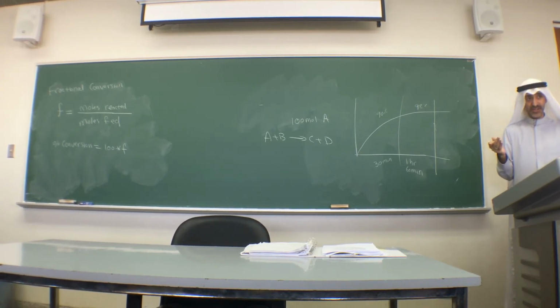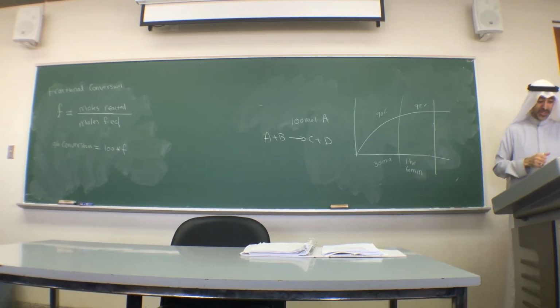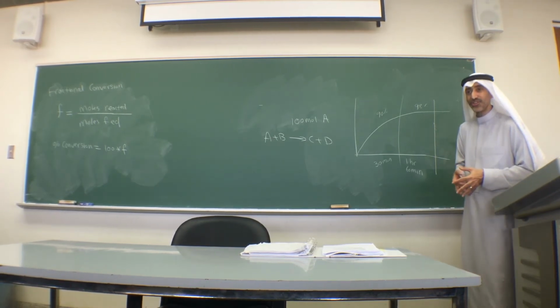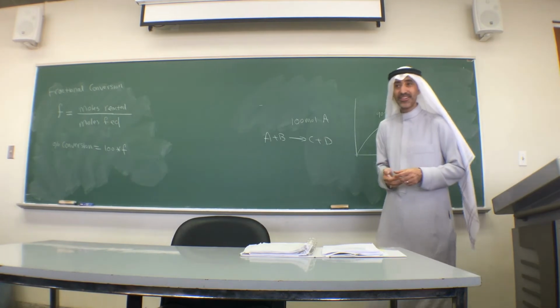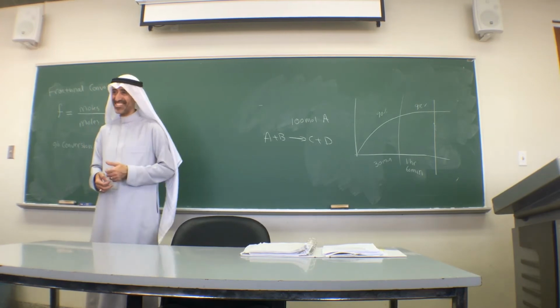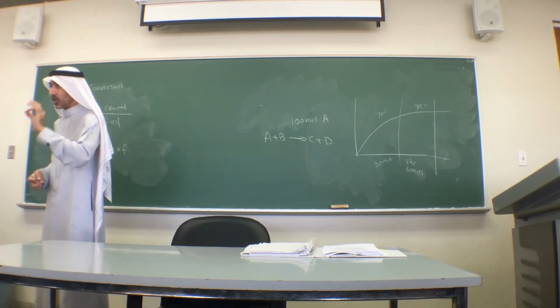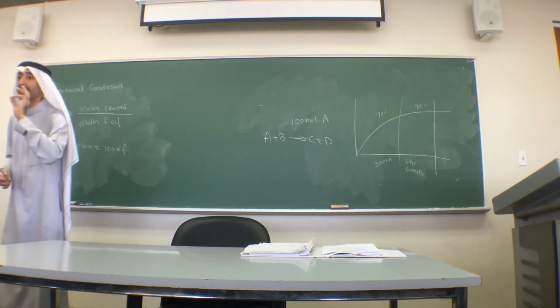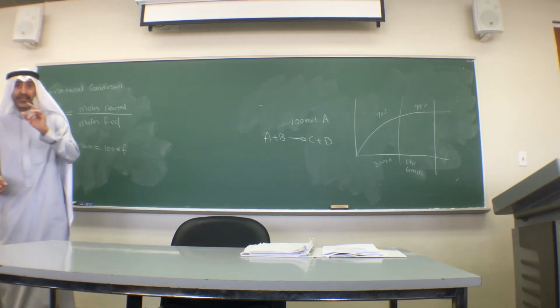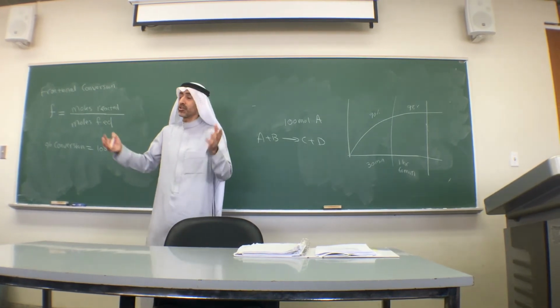So now, if he is telling you in the question 90% conversion and stops there, in a problem where you have A plus B equals C plus D, and I'm telling you 90% conversion from A or from B, this is the most important thing. If it is not given, you have to do it for the limiting reactant. But what if A is the limiting reactant and he told me 90% conversion of B?